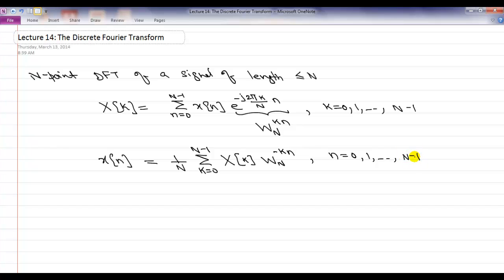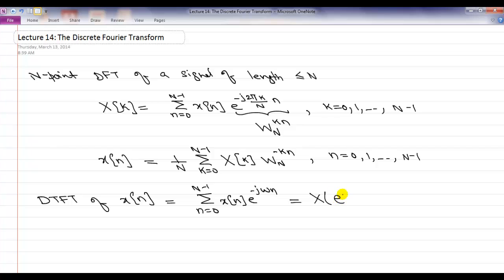We did a few examples of that, and where we ended was we said that the discrete Fourier transform helps us learn about the discrete time Fourier transform of discrete sequences. So they are intimately related. The way we saw that was the DTFT of x of n, if it is finite duration, is given by summation n equal to 0 to N minus 1 x of n e to the minus j omega n.